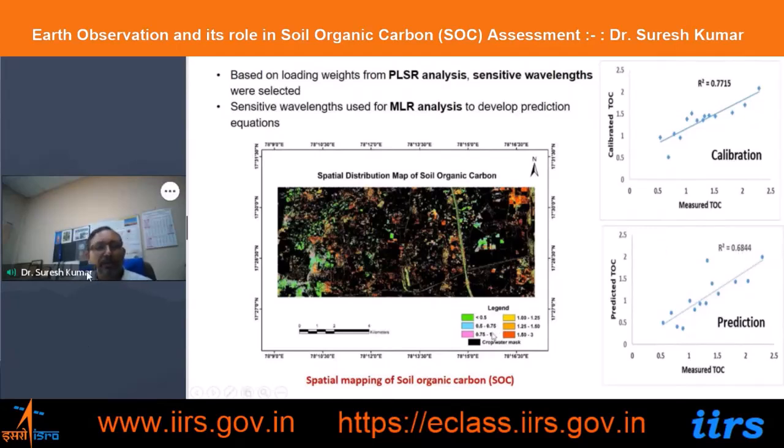You see the black color, which shows the vegetated surface, so we did not attempt that. Only in the fallow area, where there was no vegetation, we took soil samples and spectral reflectance, and these were correlated using PLSR techniques, and we found an R square of 0.7. So hyperspectral remote sensing is going to play an important role in mapping of soil carbon.